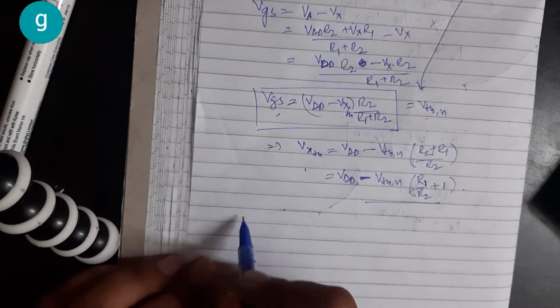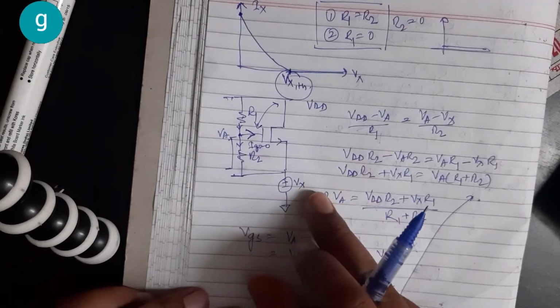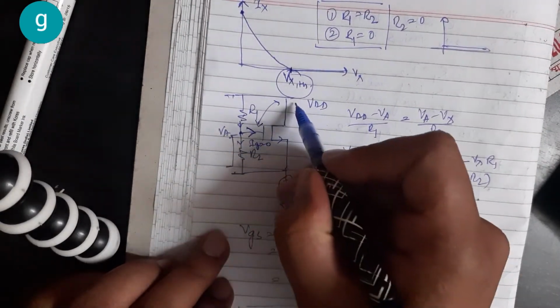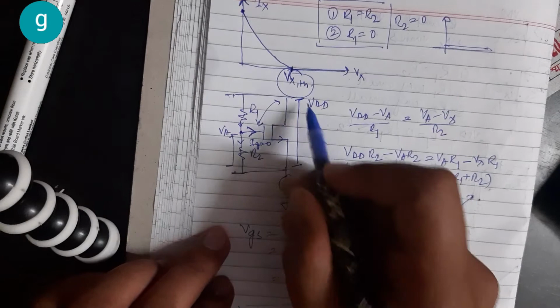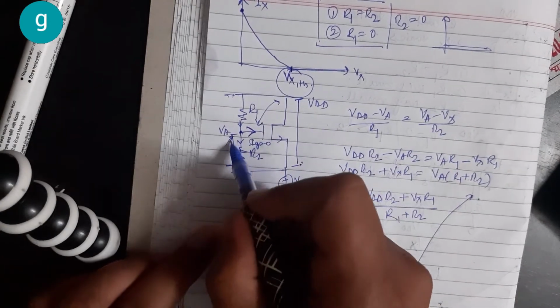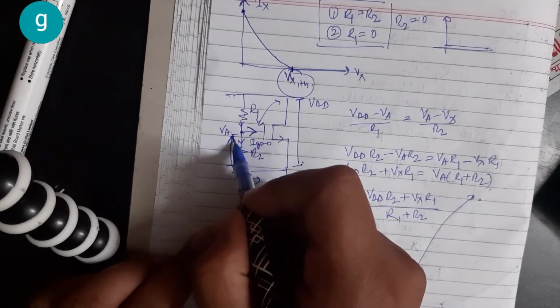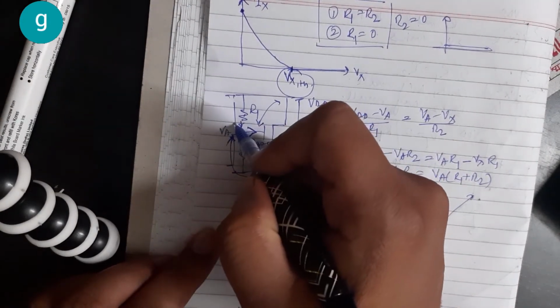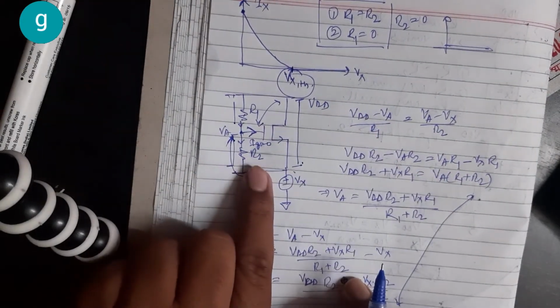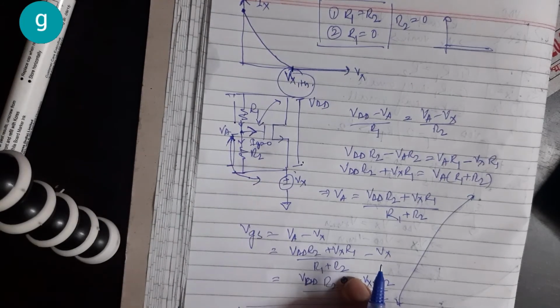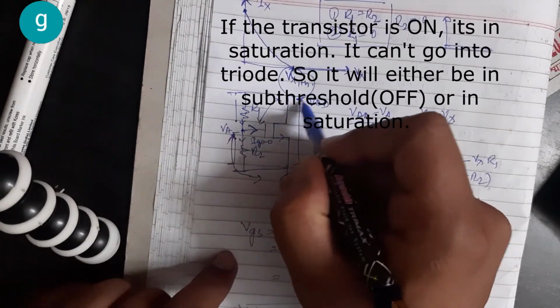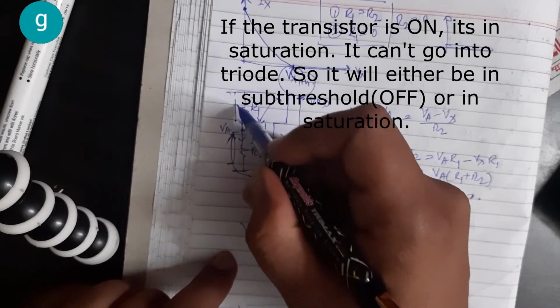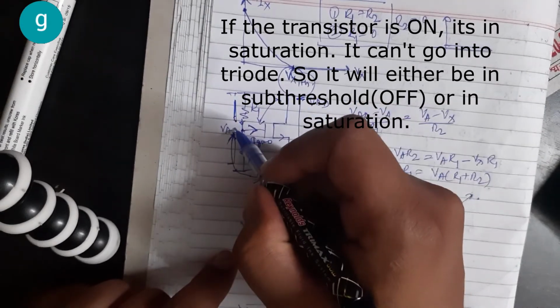So we got this, and we know that the transistor won't go into triode because this is our VDS, which is VDD minus Vx, and this is our VGS. Between VDS and VGS there is a drop. So if the transistor is on, it will always be the case that VDS is this voltage drop above VGS.